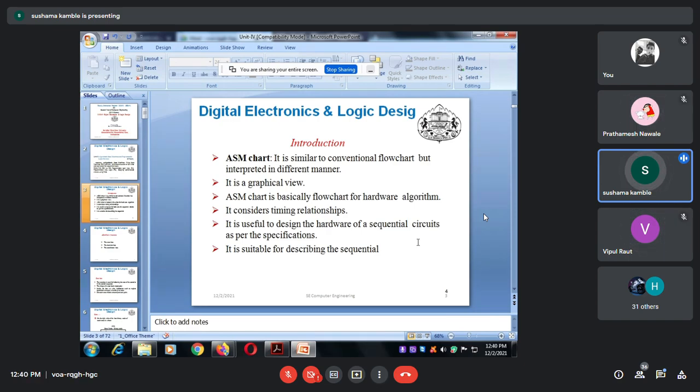Yes, like this, there is an ASM chart which you use for hardware. Okay, so ASM is an algorithmic state machine. That is the full form.